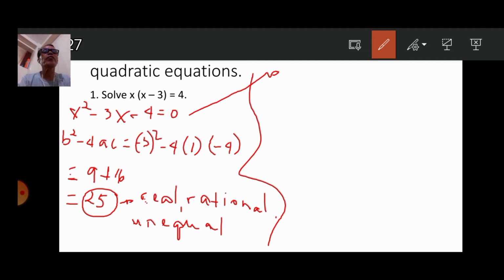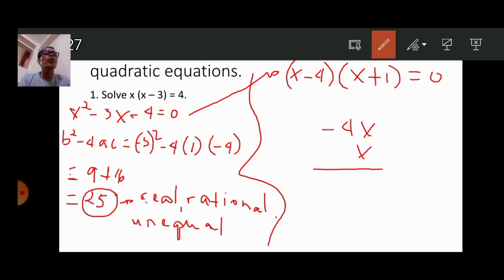So the factors of x squared minus 3x minus 4 are x minus 4 times x plus 1 equals 0. If you multiply, negative 4 times x is negative 4x, x times 1 is x. If you add, you will have negative 3x, which is the middle term. Okay?